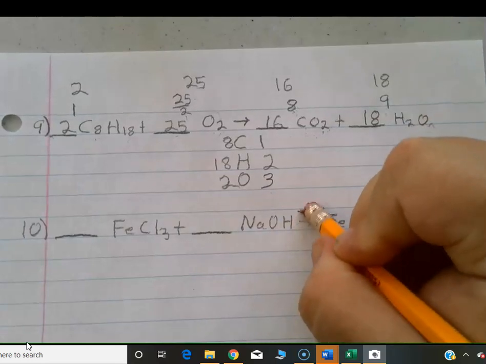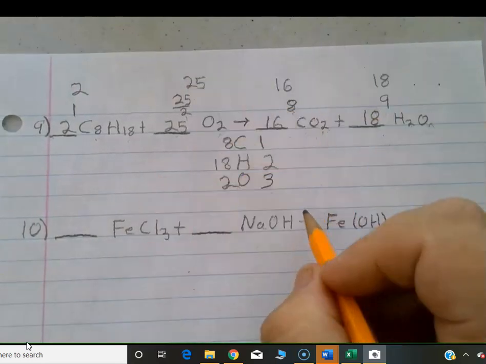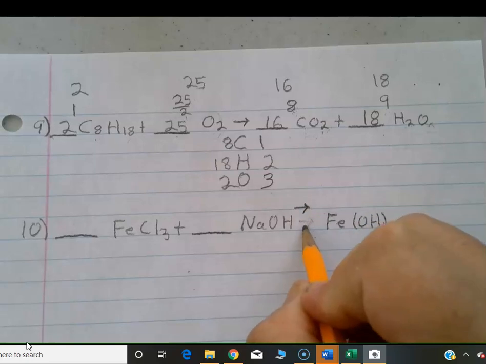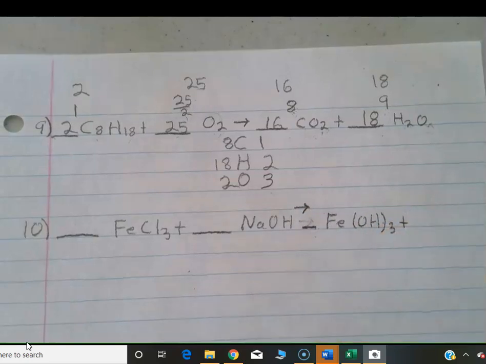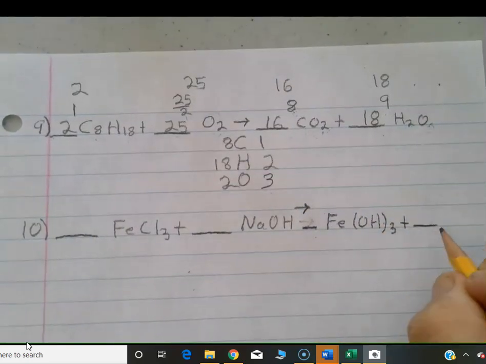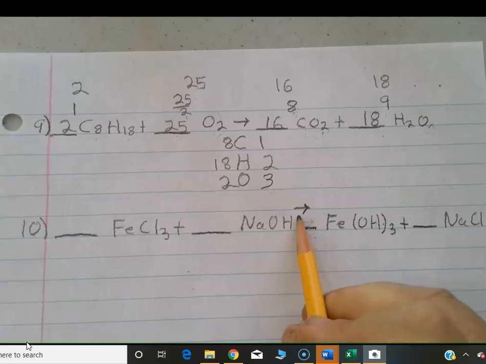Okay, I didn't leave myself space to write my coefficient, so I'm going to draw my arrow right there, and there's my coefficient. And finally, sodium chloride. Okay, so there we go. So there's the arrow right there, a little out of place for that.